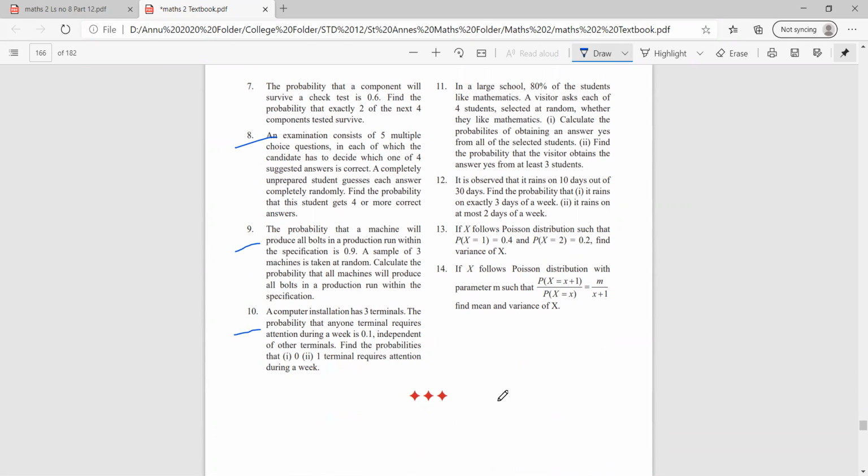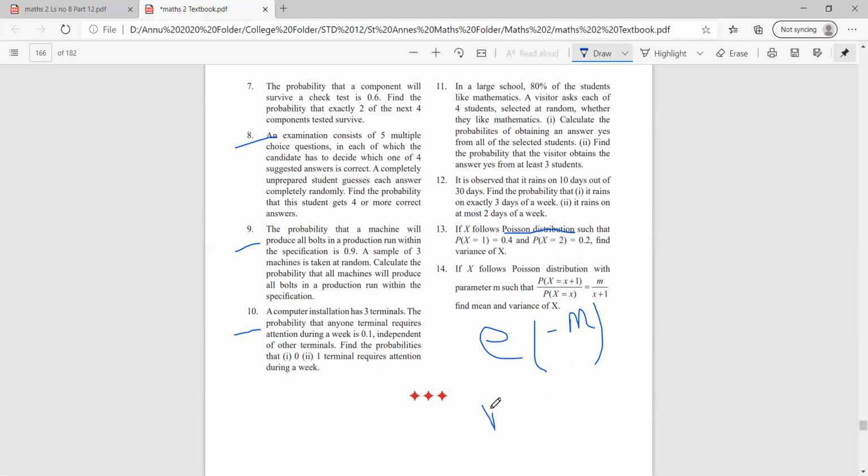Yesterday, if you listen to the video, I explained to you all how to identify whether the word problem is of binomial or Poisson distribution. So I'll repeat it once again. In case of Poisson distribution, class, the very first thing you'll notice is the value of e raised to minus m, sorry. The value of e raised to minus m will be given to you in the bracket, or the word Poisson will be mentioned in the word problem.